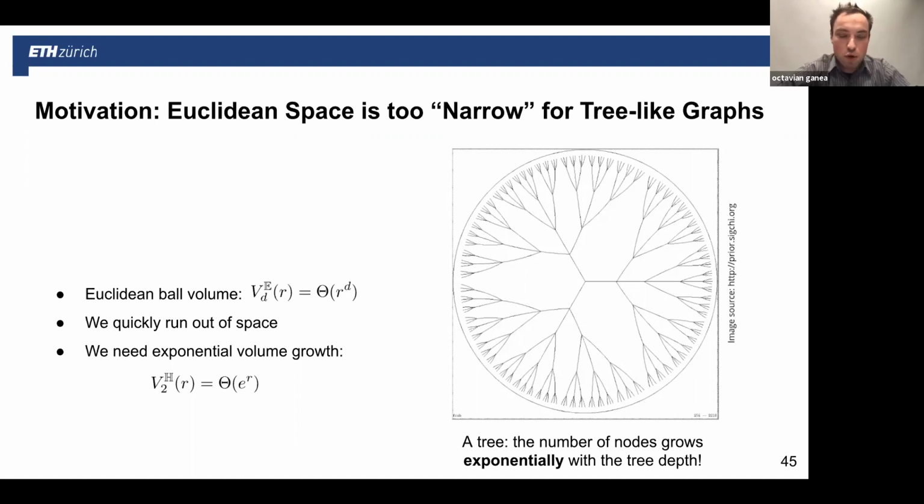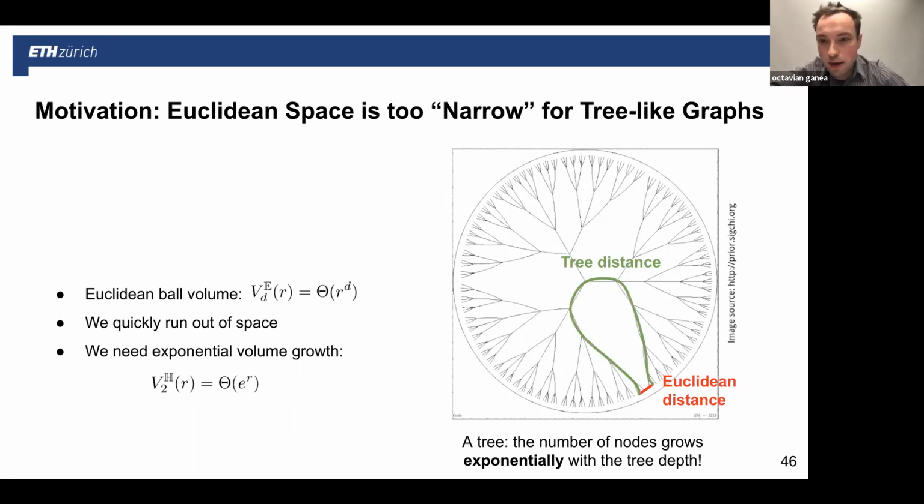In trees, the number of nodes on each level grows exponentially with the tree level. However, if we use the so-called hyperbolic space that I'm going to detail now, the volume of a ball grows exponentially with the radius. So it's the formula shown here.